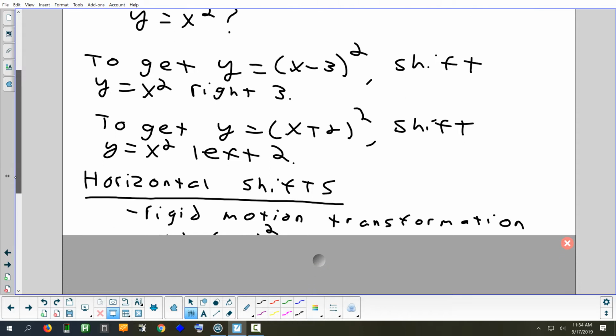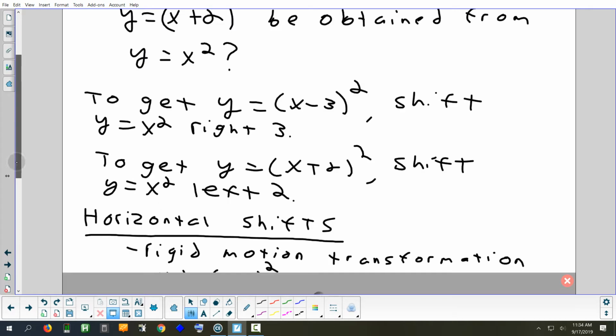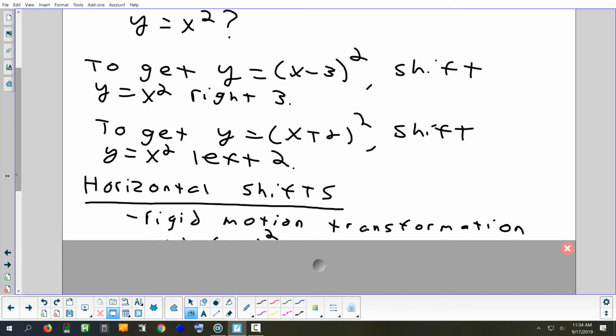So there's a couple ways you can try to think about which way is left and which way is right. This one that we did right here, y equals (x plus 2) squared. You could think of it as x minus negative 2 if you didn't want to write it as a plus 2.